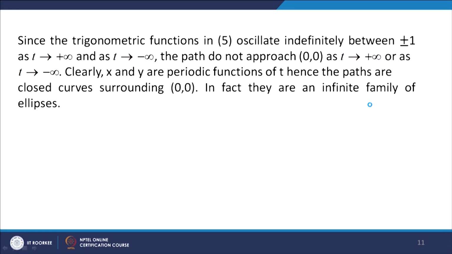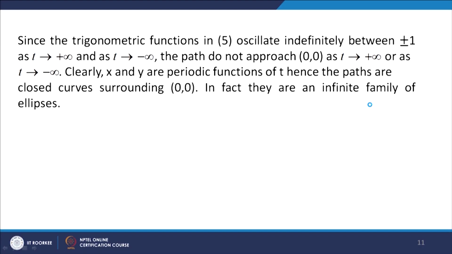The paths do not approach (0, 0) as t goes to plus or minus infinity. x and y are periodic functions of t, because cos beta t and sin beta t are periodic functions. Hence the paths are closed curves surrounding (0, 0). In fact, they are an infinite family of ellipses.